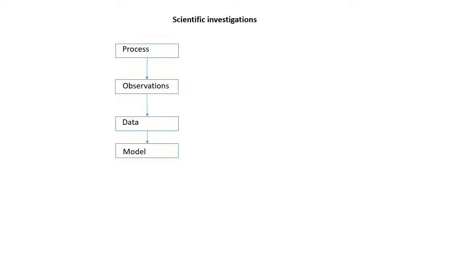Many scientific investigations involve investigating some process, and from that process you make observations and record data. From the data you make some sort of model, a mathematical model, which is meant to model or approximate the process itself.